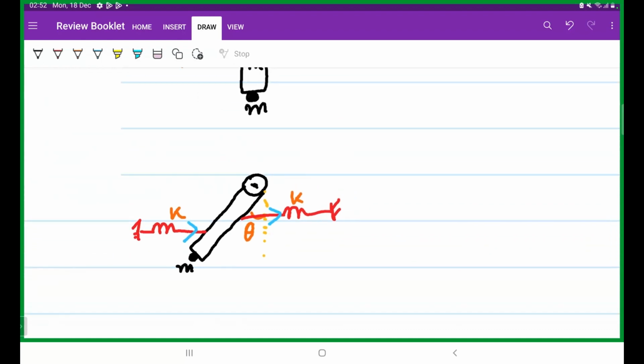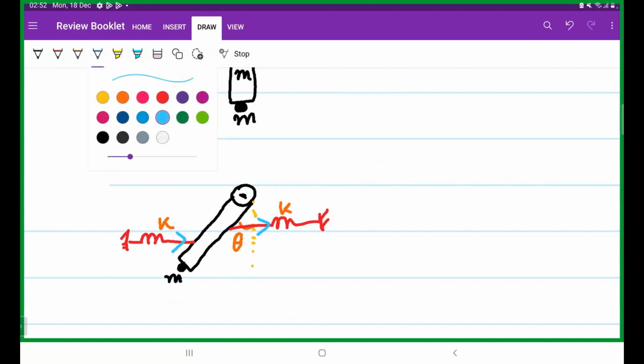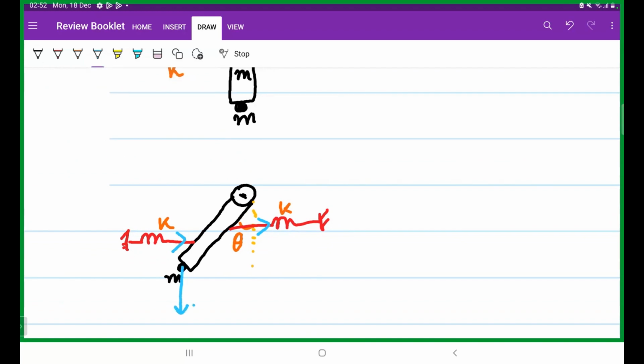Now, a mass M has been attached at the bottom of this rod, and it's basically pulling this entire board downwards, trying to move this system in the anti-clockwise direction. And so are these two springs.